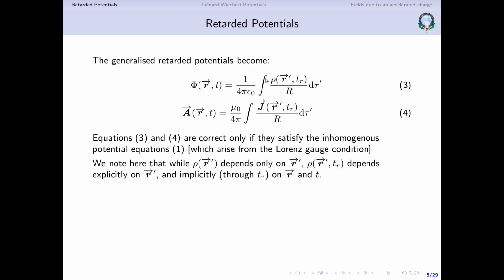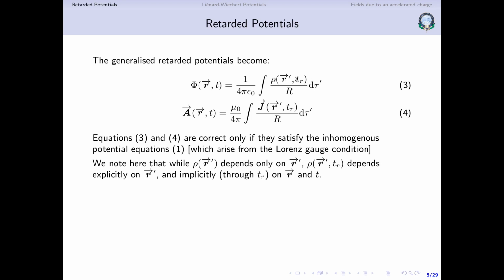Gradient acting on rho, we would have straight away said that this rho is independent of r, it depends only on r prime, so the gradient with respect to r would have given us 0. But now we can no longer say that, because rho is not only dependent on r prime, it is also dependent on t_r.